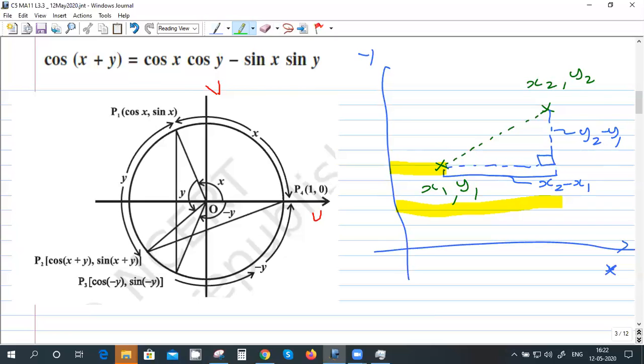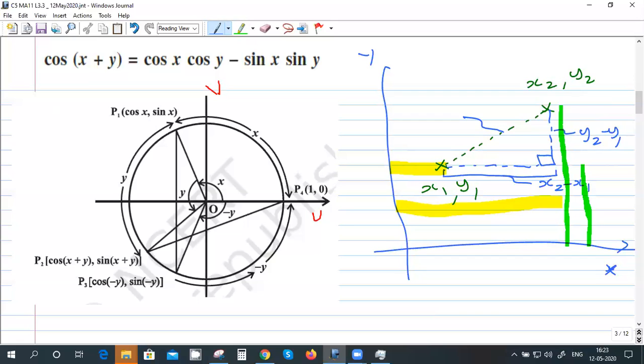Got the idea? Y2 is this one, and y1 is this one. So from there you get this one is y2 minus y1. Now what is this distance? You have to use Pythagoras theorem, because these lines are parallel to x-axis and y-axis.